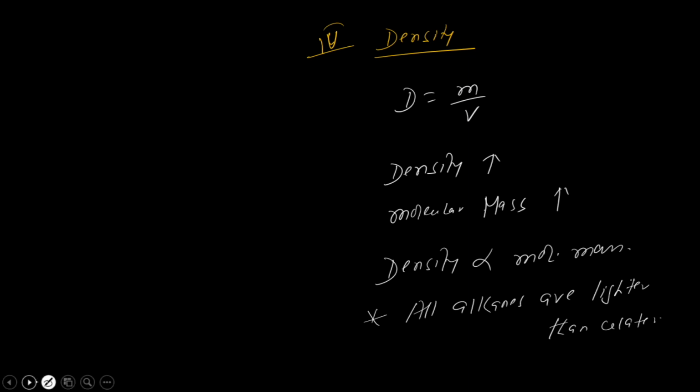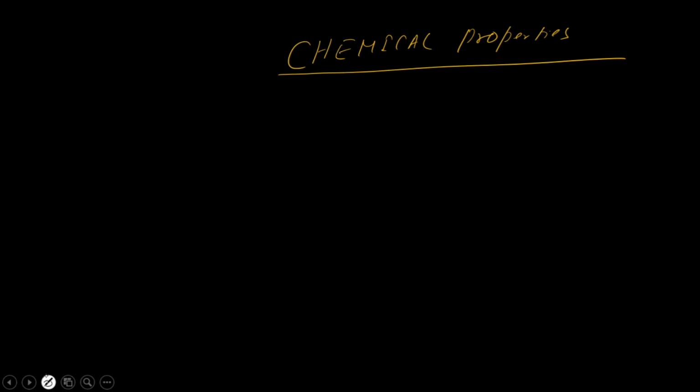Now we'll move towards the chemical properties. We have finished the physical properties. Chemical properties of alkane: alkane is also known as paraffins.